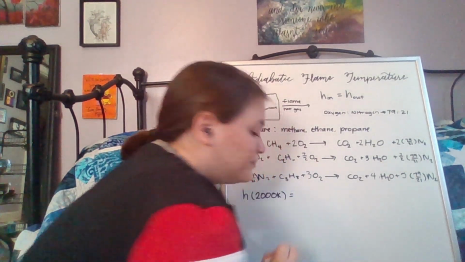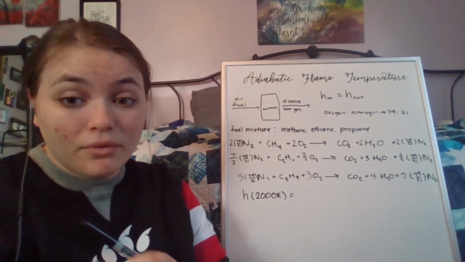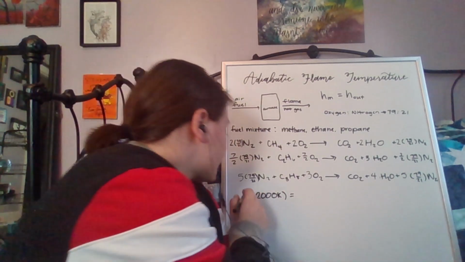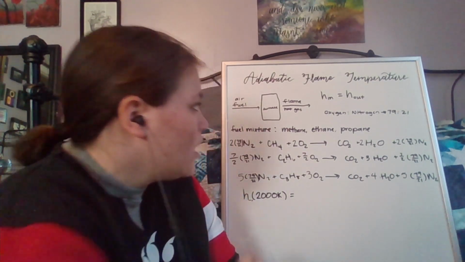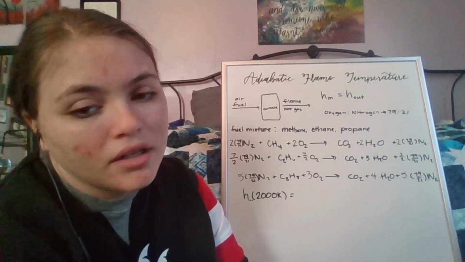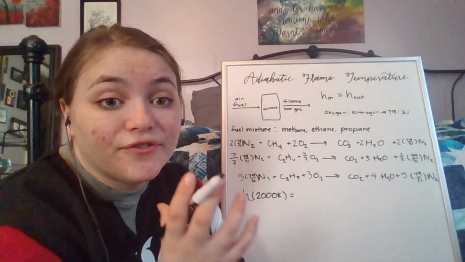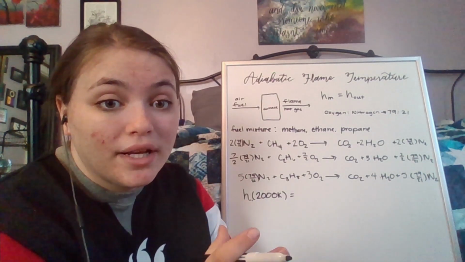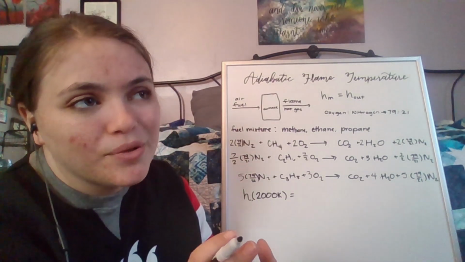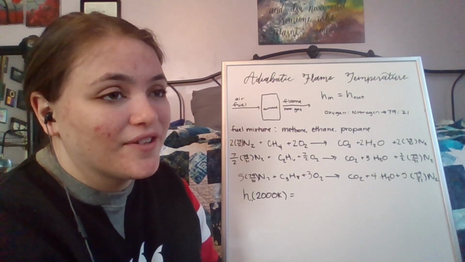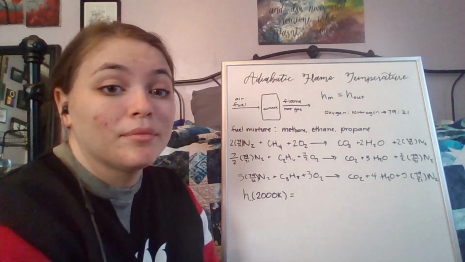This is equal to the enthalpy of, let's do CO2. It'll only be helpful if we find each component and then pull it all together, because you can't really find the enthalpy of an entire system straight up.